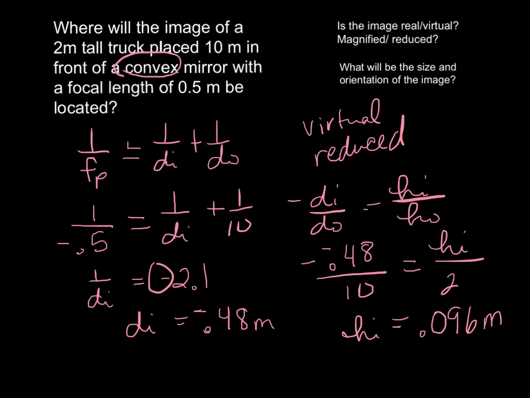That is much smaller than the original 2 meters of the car, so it does get reduced. And since it's virtual, it will be an upright image. We also know that because our HI is positive, so it's upright. And that would be everything. So these are the same basic ideas that we're going to be applying to all of our mirror calculations.